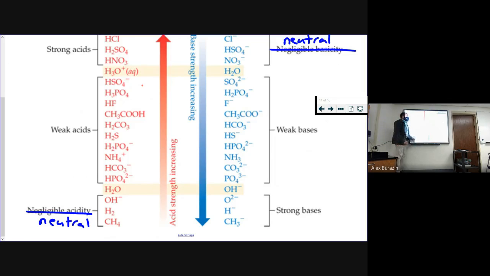Okay? So look, these are pairs across the way, right? This is an acid, that is its conjugate base. This is an acid, that is its conjugate base. You see that? The strong acids are on top, the strong bases are on bottom. Okay? So it's kind of like a push-pull relationship. If I have a strong acid, its base will be neutral. If I have a strong base, its conjugate acid will be neutral.